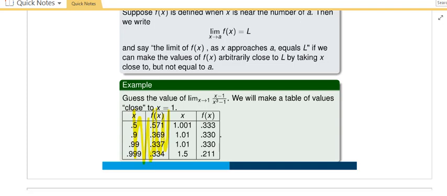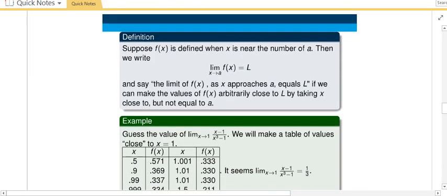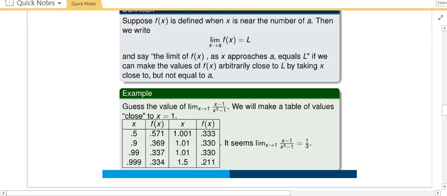And on the other side, if we start above 1 and go from there, again, 1.5, 1.0, well, one of these is a typo, so let's just get rid of it. And again, we see we're coming close to this 0.33 here. So 0.33 is really close to 1/3. So we would make the guess then that it seems like this limit is going to be 1/3.